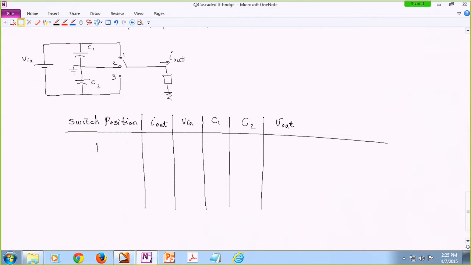Okay, so position 1, I out could be positive or negative. If it is positive, our source is being discharged, otherwise it is getting charged. C1 will be discharged, and C2 will be charged. And when the current is negative, the opposite happens. We have charge here and discharge here. And the output voltage is VDC over 2 in both cases.